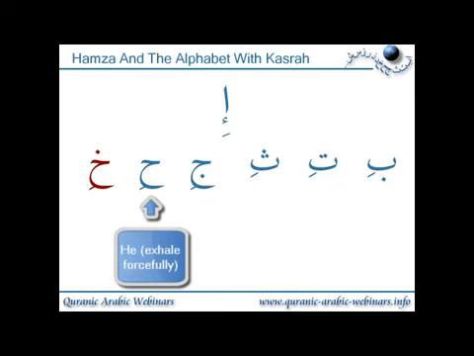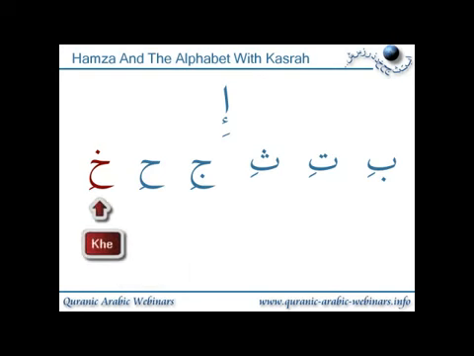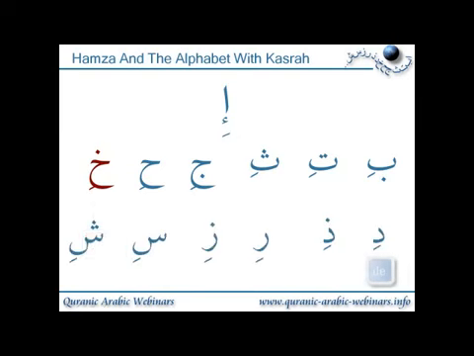Now the Hi is the heavy Ha, which comes from the throat, so you have to exhale a bit more forcefully. Then we have Khi, slight grinding in the throat there, Khi. Di, Dhi. Now this Dhal, be very careful of the pronunciation, should be the th as in the English word the, as in the old English word thee. Ri, Zi. So this is with a Z, Zi.